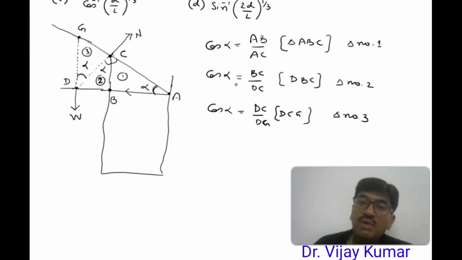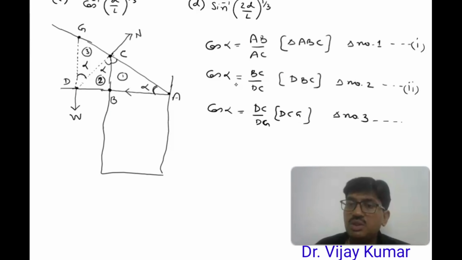So suppose this is equation number 1, this is equation number 2, and this is equation number 3. We should multiply equations 1, 2, and 3. The left side becomes cos alpha into cos alpha into cos alpha.